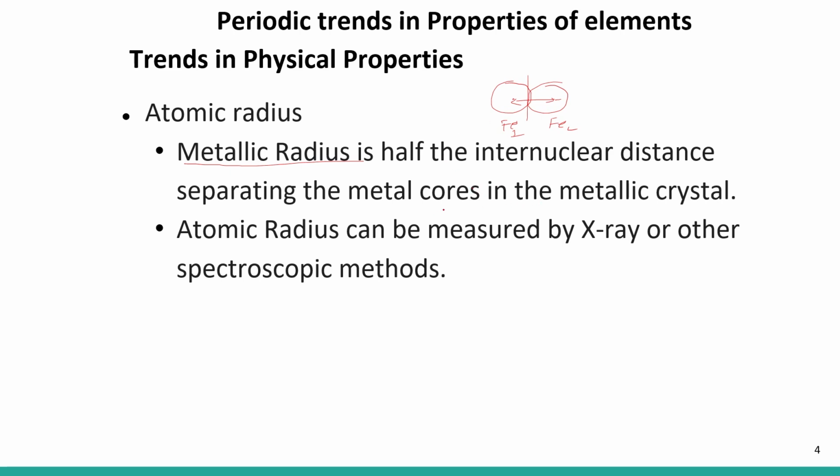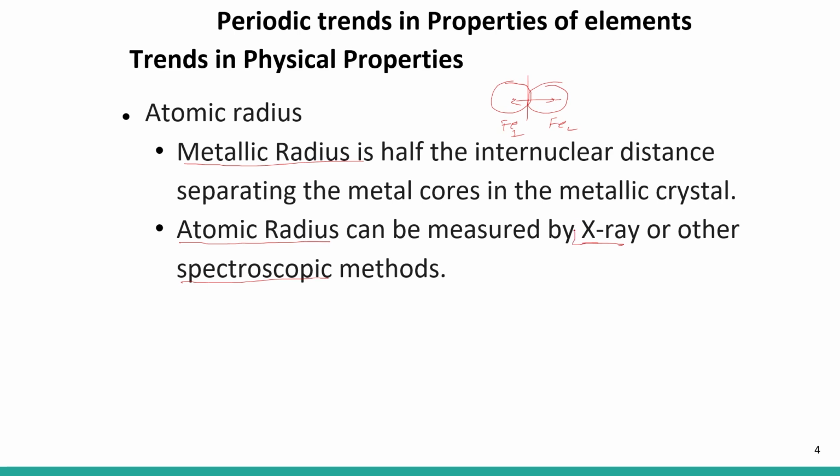So how do we measure this atomic radius, or specifically the covalent radius or the metallic radius? We measure it by using X-rays or some other spectroscopic method. Spectroscopy is nothing but the interaction of light with matter to study various properties. We use radiation of various wavelengths to serve our purpose.